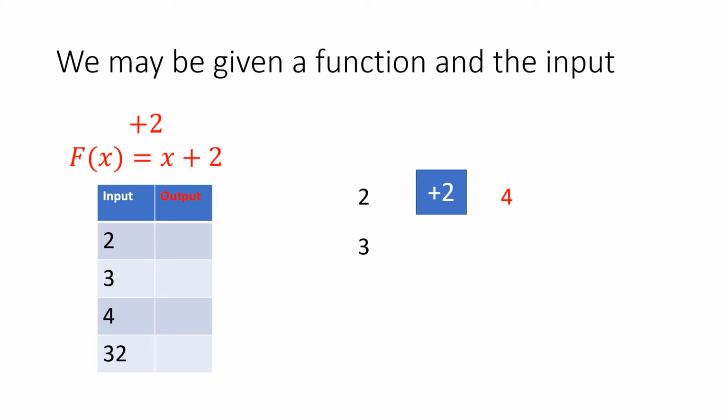We have 3 plus 2 is equal to 5. 4 plus 2 is equal to 6. And 32 plus 2 is equal to 34. So for any input, any variable, we will get an output of that variable plus 2.